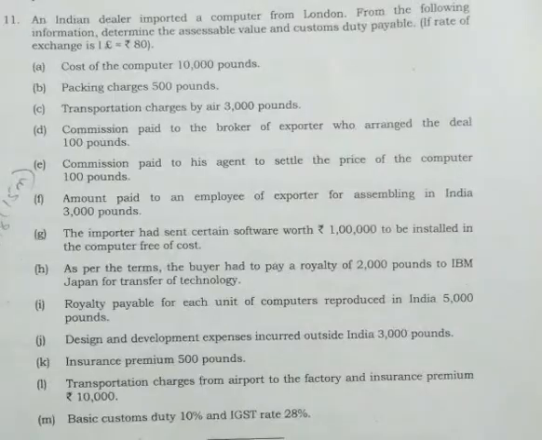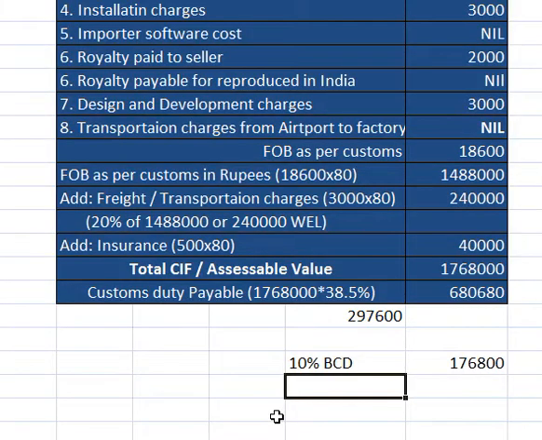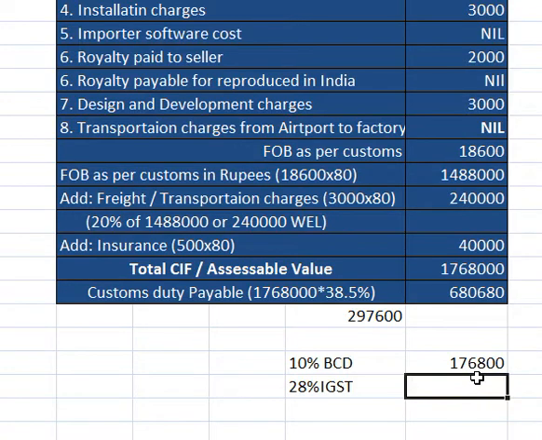Then what is your IGST? It is 28% IGST. 28% of which amount do you have to find? 17 lakh 68,000 you have to find. So the answer comes like this: 4,95,040. So this was the answer for you.